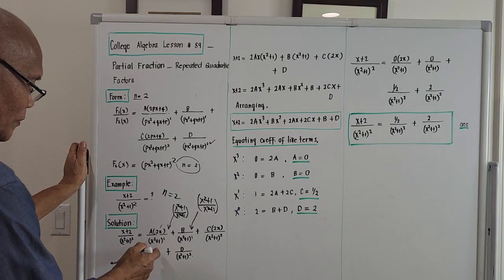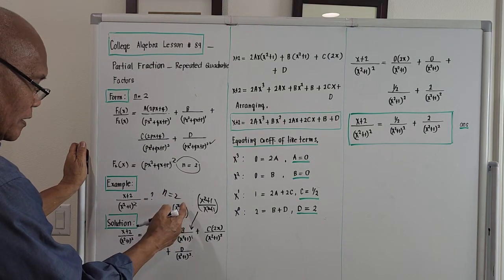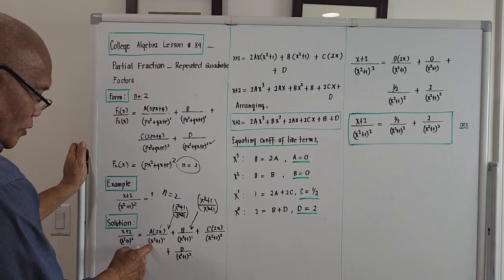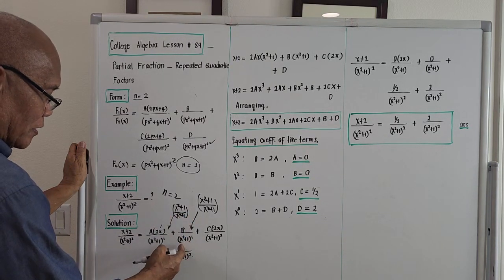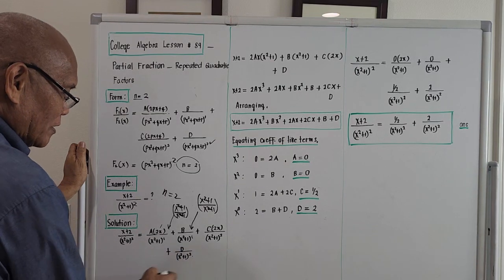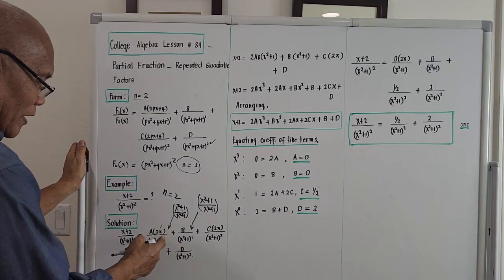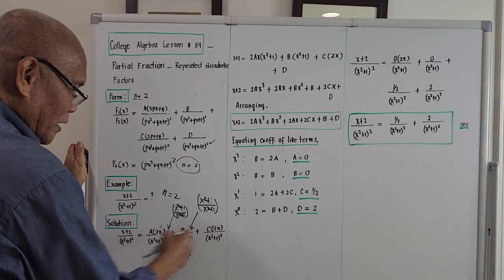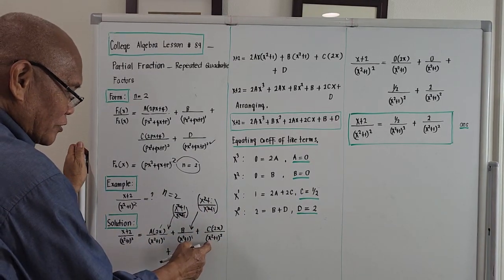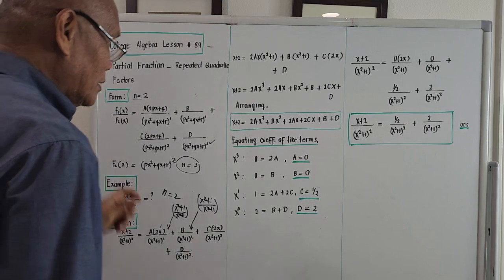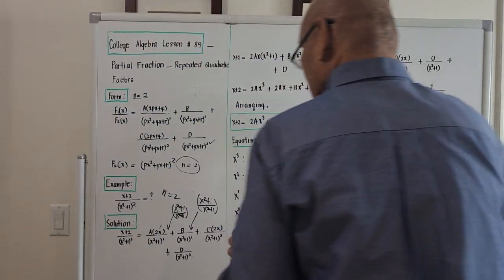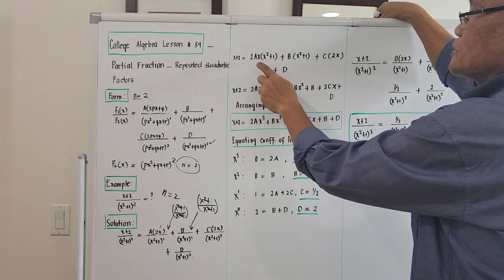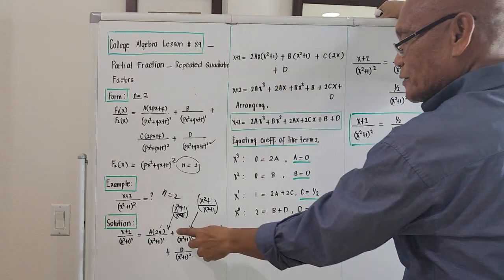Because if we multiply the first two by the ratio x squared plus 1 by itself, x squared plus 1 times x squared plus 1, it is now the same as this one. So after multiplying the first two by this quantity here, the denominator on the right hand side will now all be x squared plus 1 quantity squared.